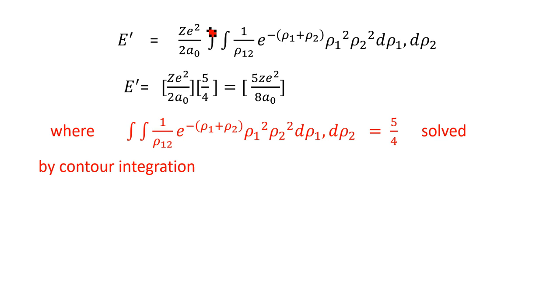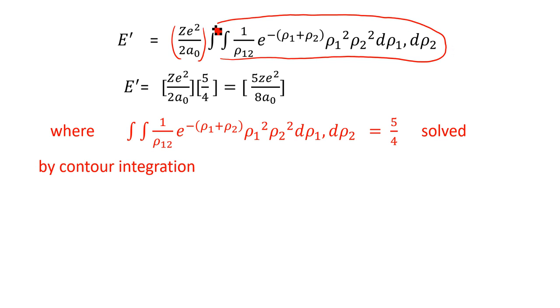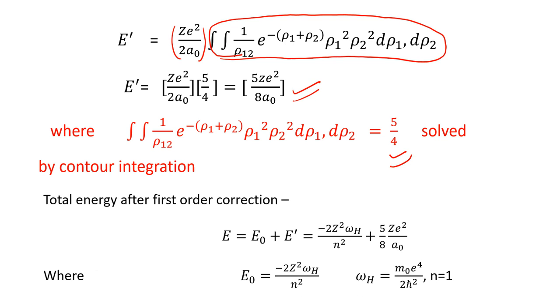After solving, we will get Z squared upon twice a naught and this term. This equation is solved by contour integration and you will get the value 5 by 4. So the result is E dash equal to 5Z e squared upon 8 a naught. Thus the energy after first order correction is E naught plus E dash.